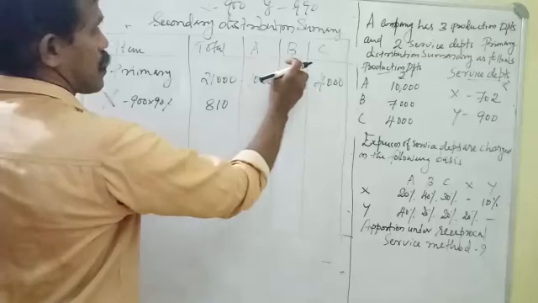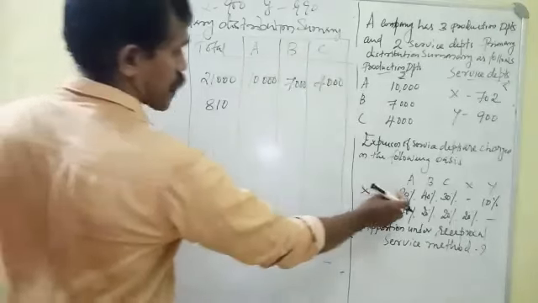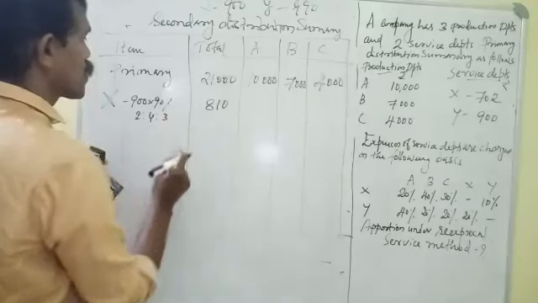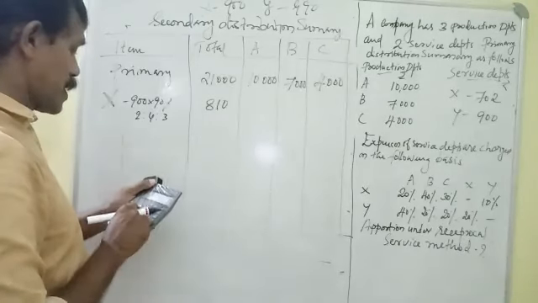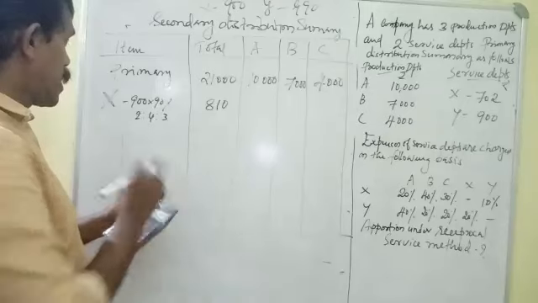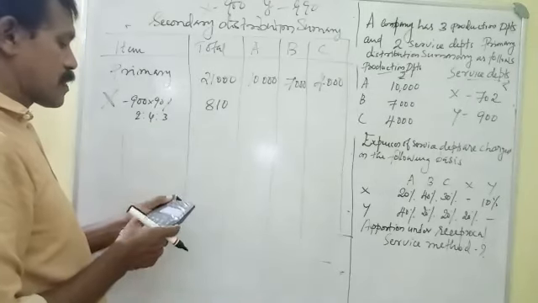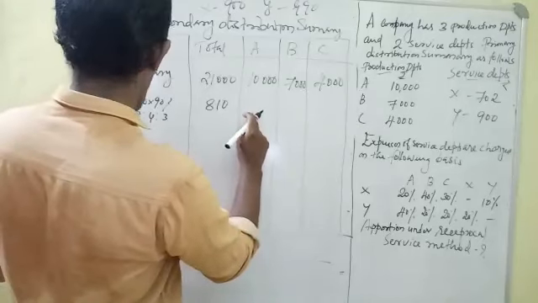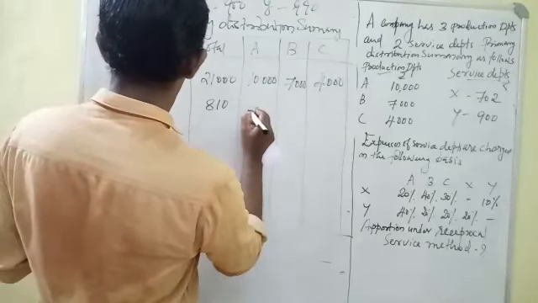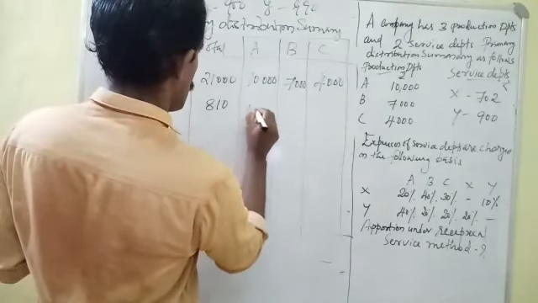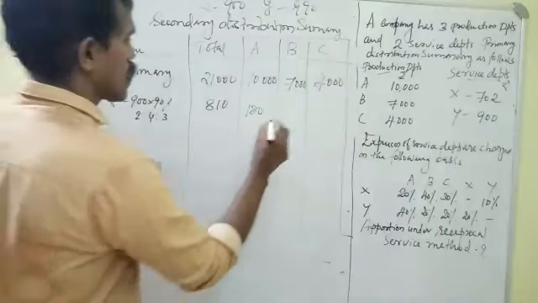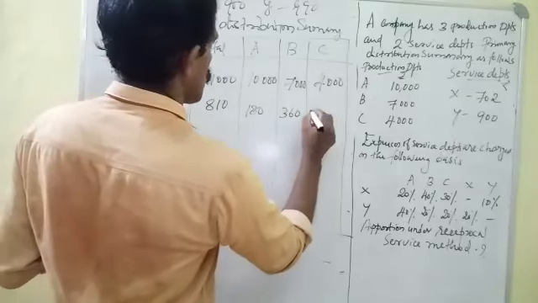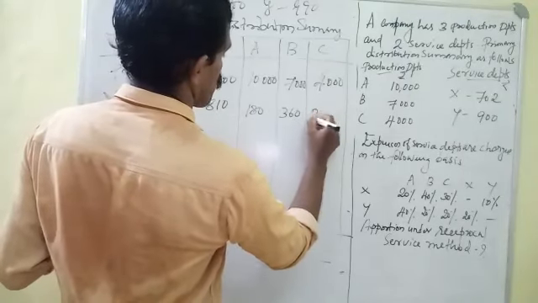We apportion it to A, B and C in the ratio 2:4:3. 810 divided by 9 is equal to 90. Then for A, 90 into 2 is 180, then 90 into 4 is 360, then for C 90 into 3 is 270.